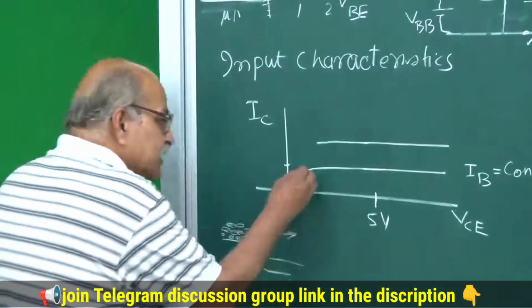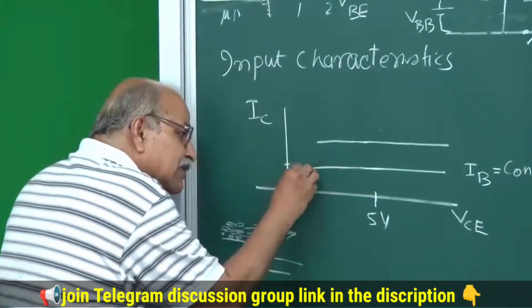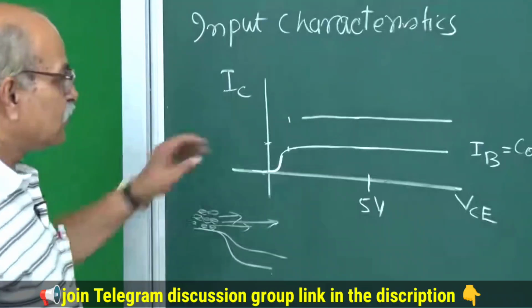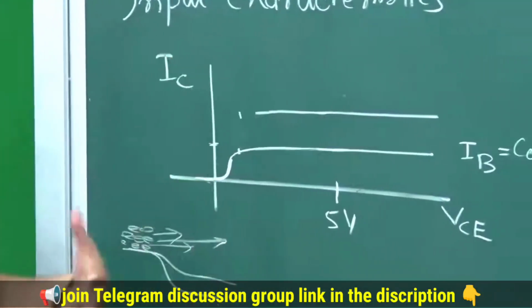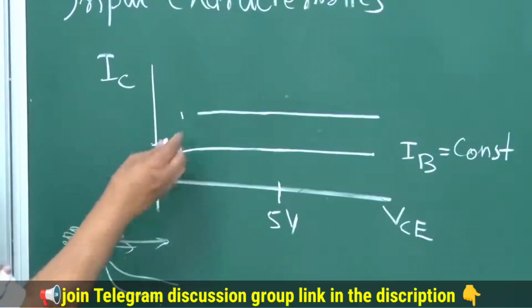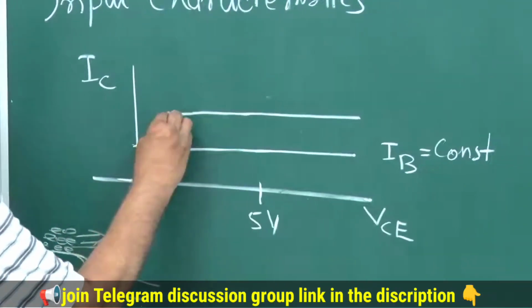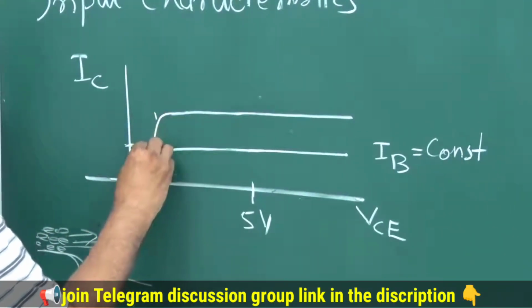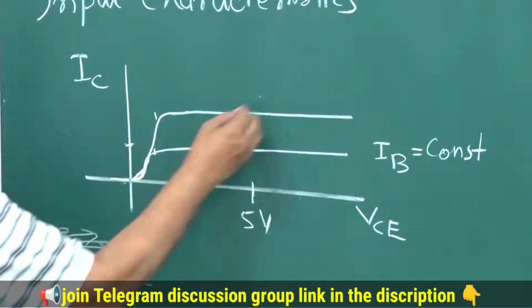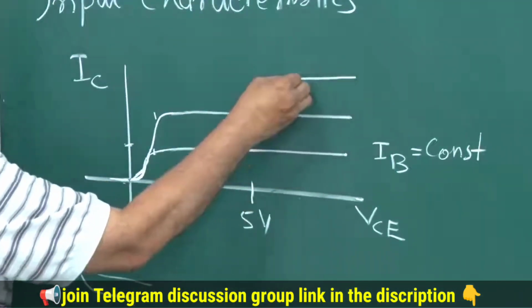So if it saturates here, it will saturate slightly shifted here, because you have more electrons, and to draw them you need a little more reverse biasing. So this will be shifted here, and it will look like this. If you further increase IB, it will go like this.